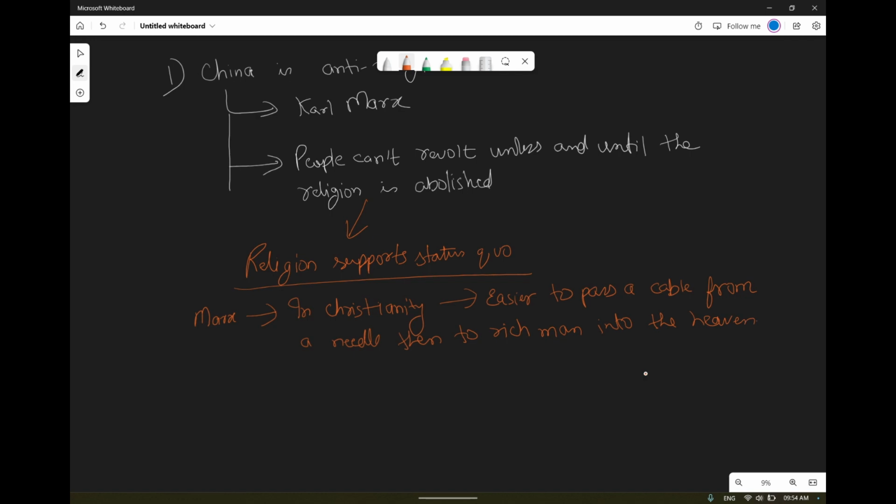He said that in the religion itself, in Christianity, it is mentioned that it is easier to pass a cable through a needle than to reach a man into the heaven.